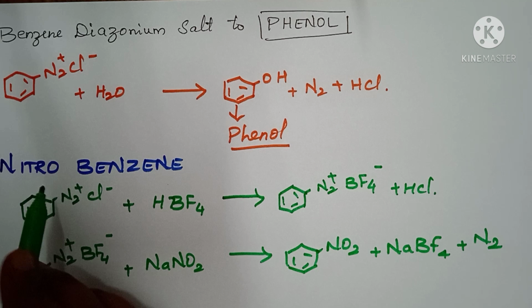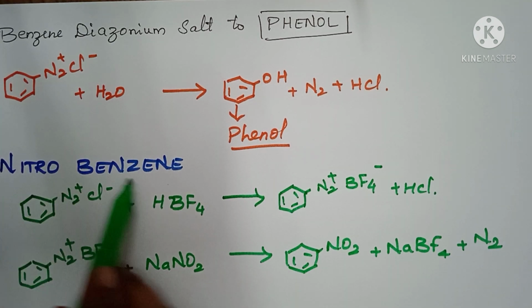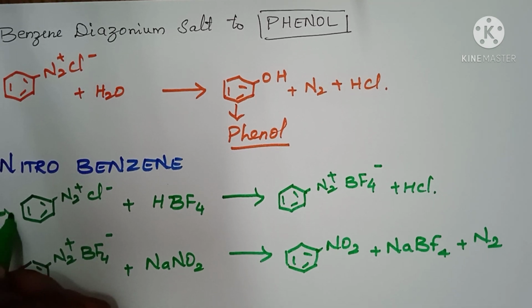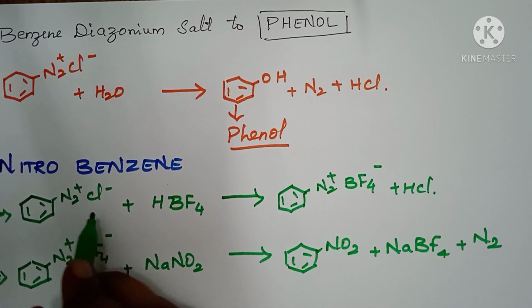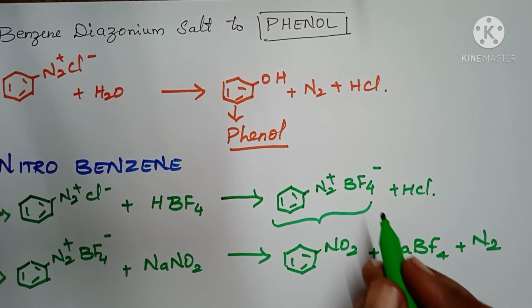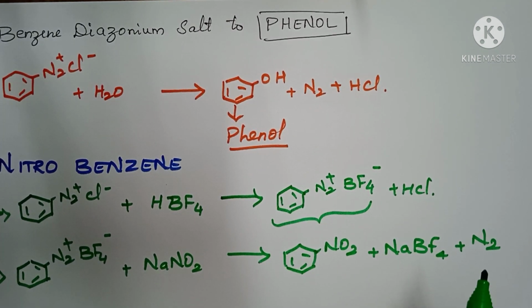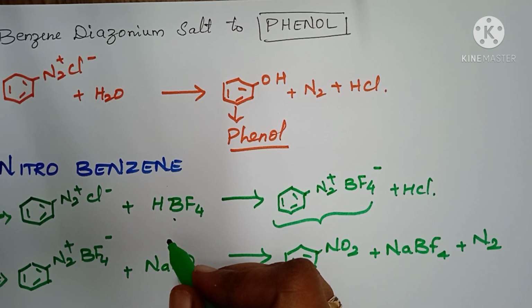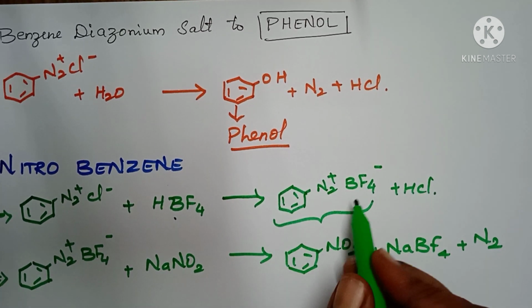The next step, what we are going to receive, it is nitrobenzene. Nitrobenzene preparation is a 2 step reaction. In the first step, we are getting this product. Let us explain. When the diazonium chloride is treated with fluoroboric acid, you are getting benzene diazonium tetrafluoroborate.